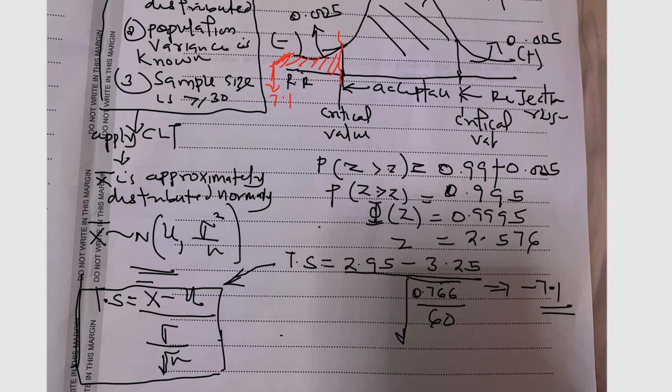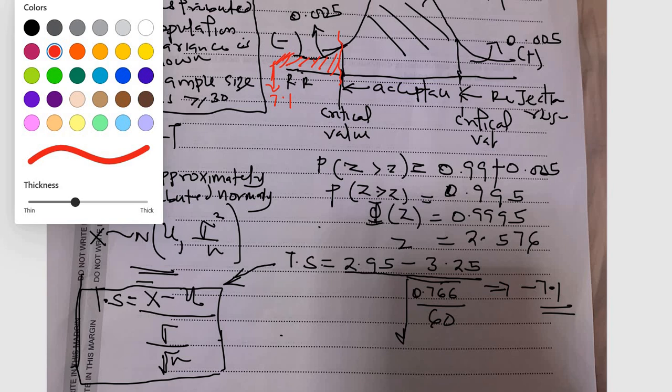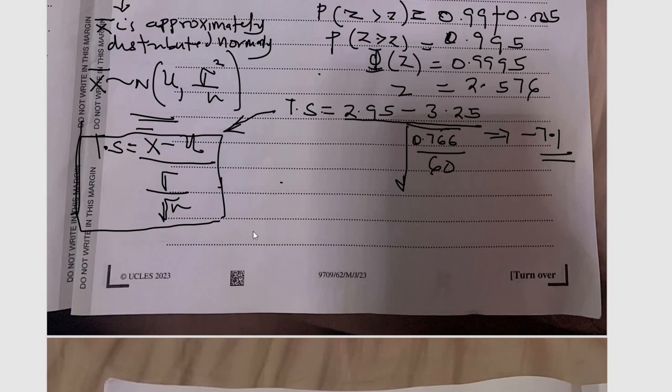So at the end of the day, minus 7.1 falls in the rejection region.